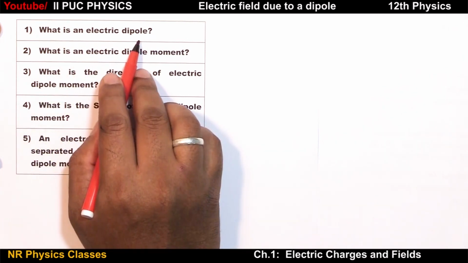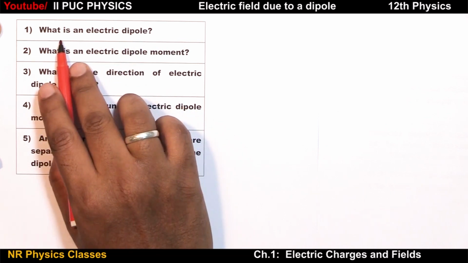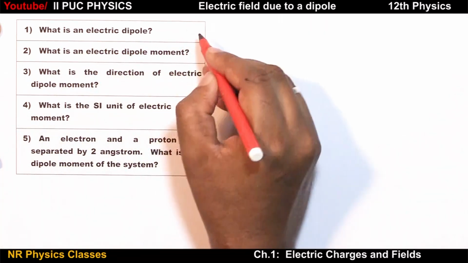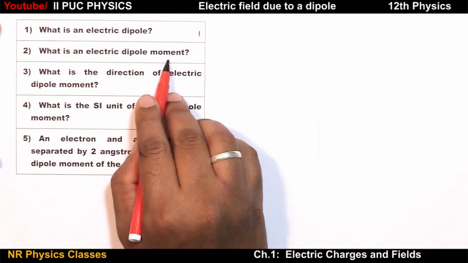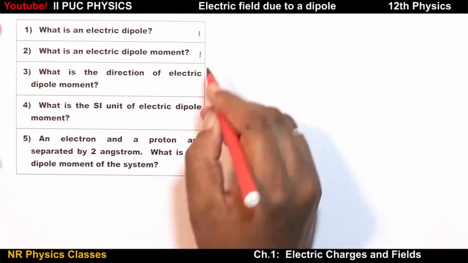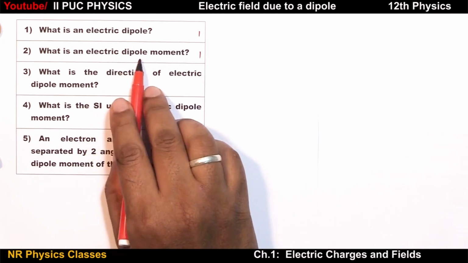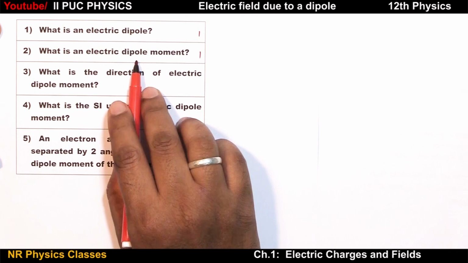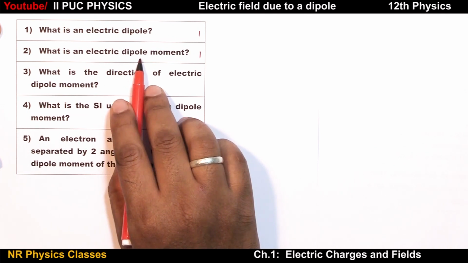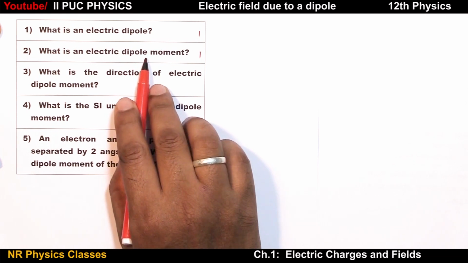What is an electric dipole? Statement for 1 mark. What is an electric dipole moment? 1 mark. Dipole moment is the product of magnitude of each charge and distance between the charges, which gives overall polarity of the electric dipole.